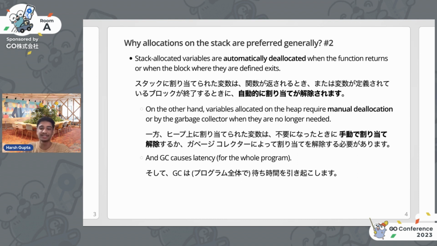The garbage collector is good, but it causes latency, and that latency is not just for the part of the program that does the allocations, it is for the whole program. It slows down the whole program, and doesn't care about the part which is doing the allocations.